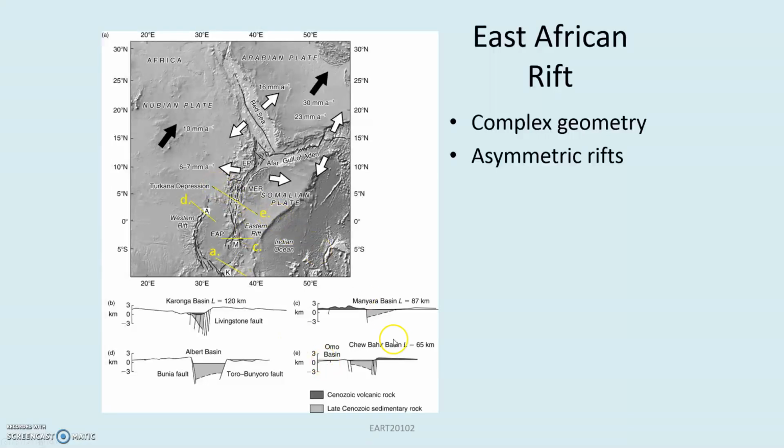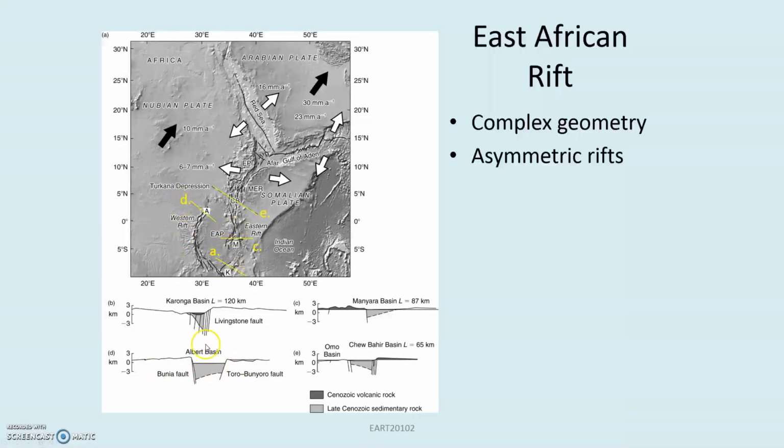And what you can see is that all of the rift systems are asymmetrical. So we only have a fault on one side of the valley. So we have this normal fault in here. We've got this normal fault on the western side in this case, whereas on this one here, the fault is on the eastern side, and so we have this sort of asymmetry developed.